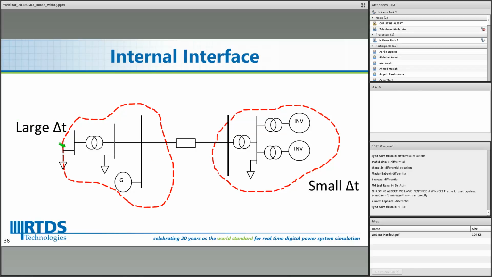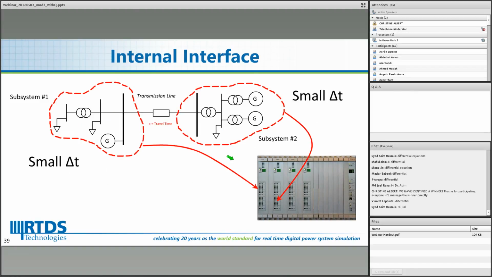That means inductance can be covered by either the L value of the transmission line or the leakage value of the transformer, but still the associated C is there, because the travel time of a transmission line is the square root of LC. And we need to ensure that the size of a large time step, which is 1.59 large time step, has to be covered by that square root of LC.